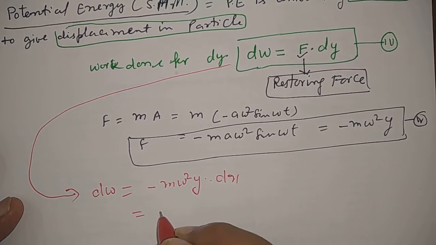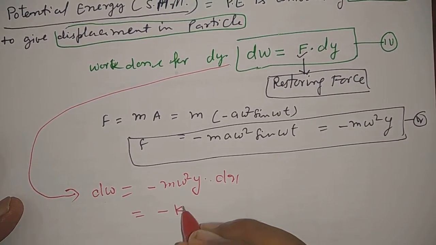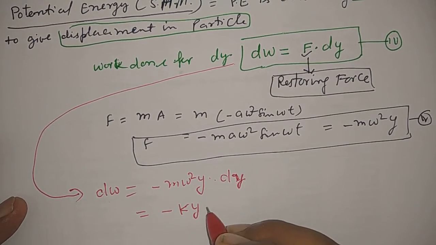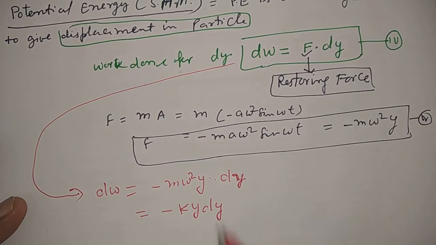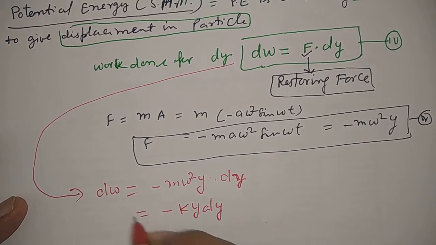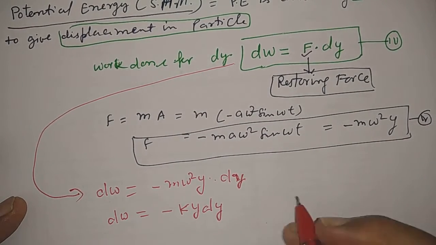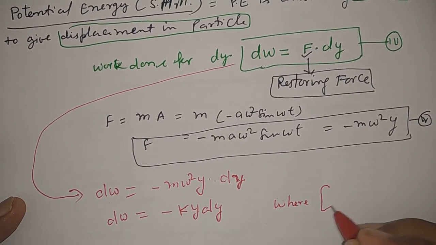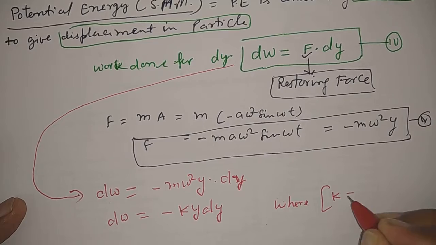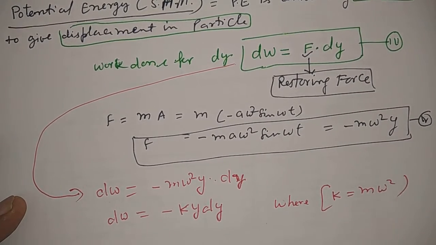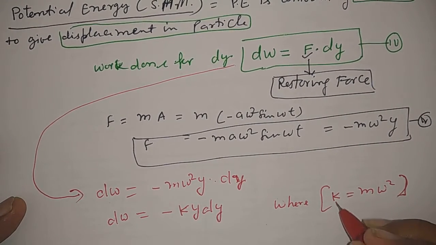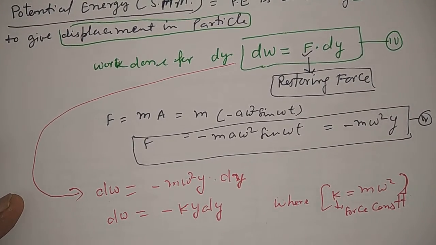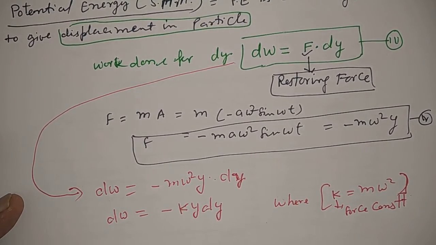We are going to write it as minus k y dy, is the work done, where k is equal to m omega square, and this k is called the force constant, right?